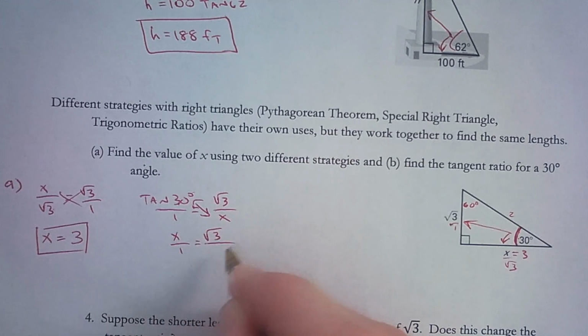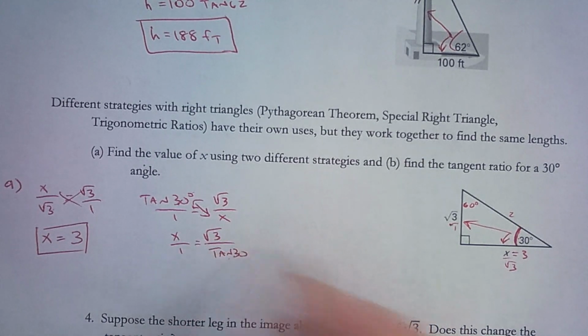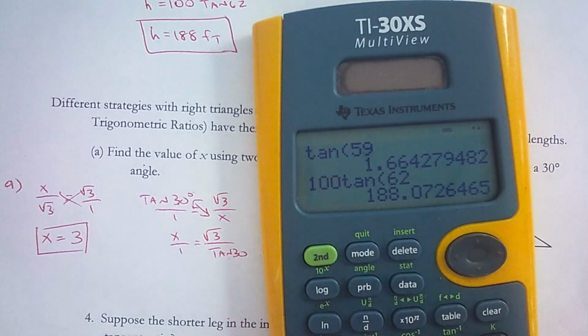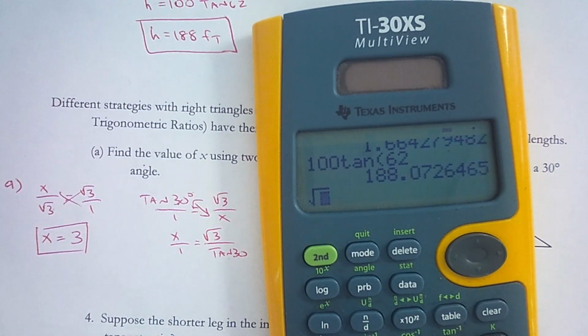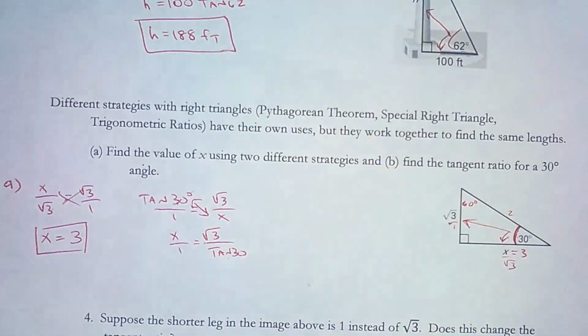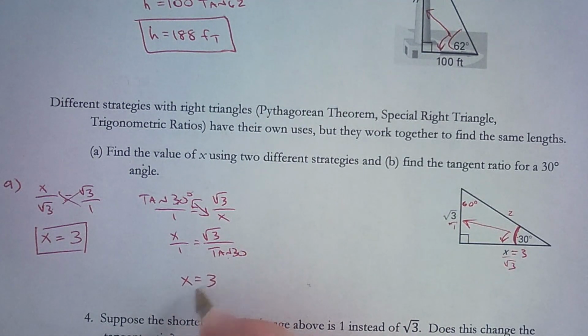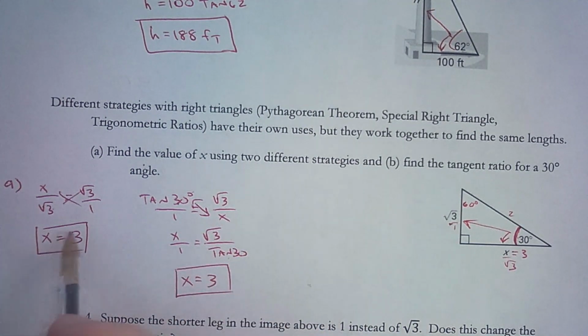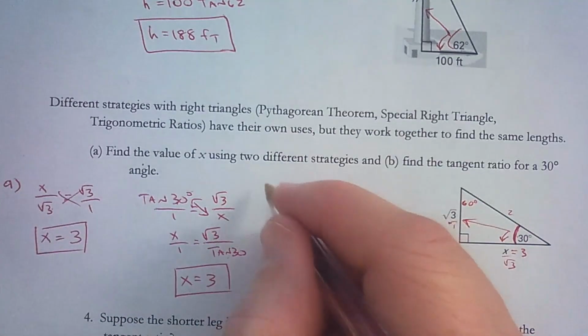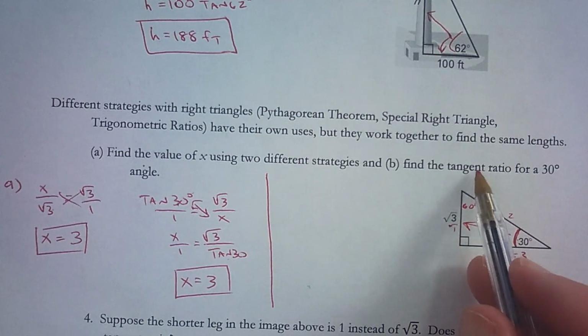So x is to 1, as the square root of 3 is to tangent 30. So we're dividing the square root of 3 by tangent 30, and it gives us 3. So whether I use the special right triangle or the tangent ratio, either way, I get x is 3.